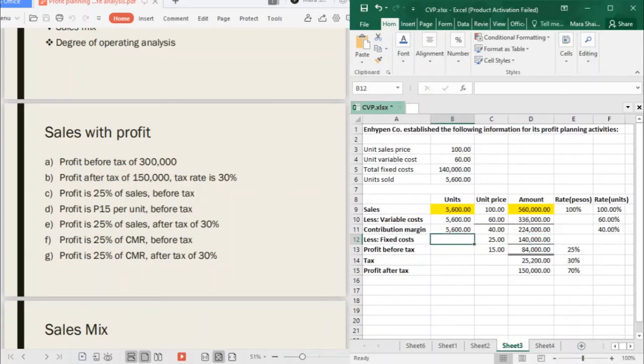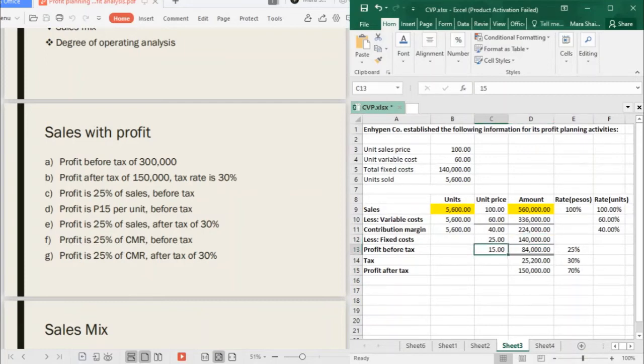It's the same process as earlier, except that the unit profit margin is given directly. Earlier, we first solved the unit profit margin using the profit rate. Now the unit profit margin is already given. Let's recheck if the formulas are correct. Okay. That's how easy it is.